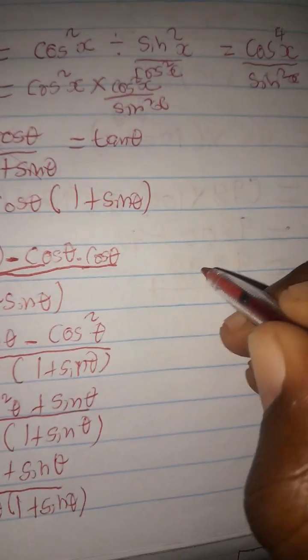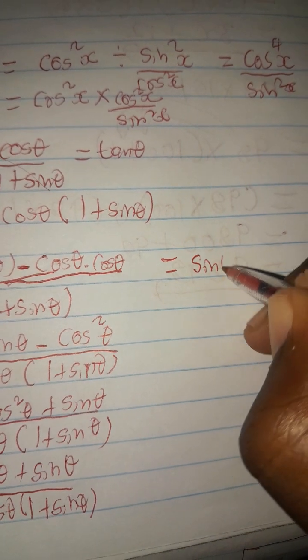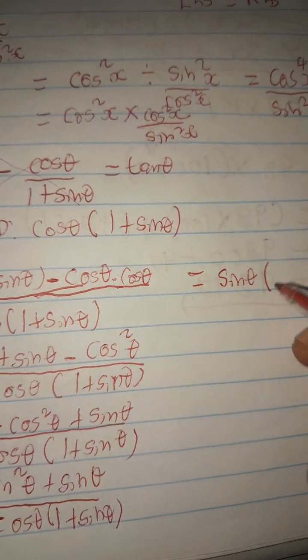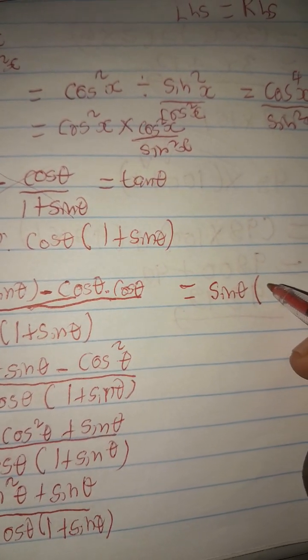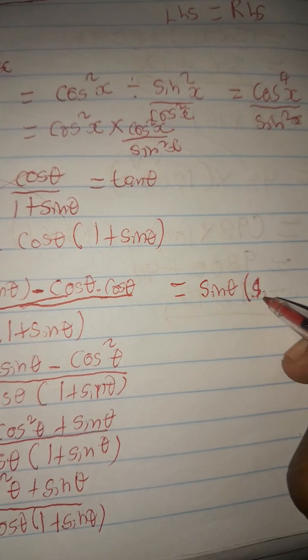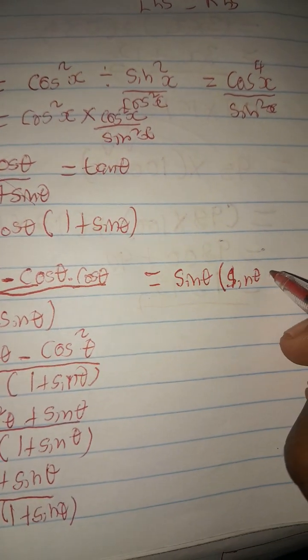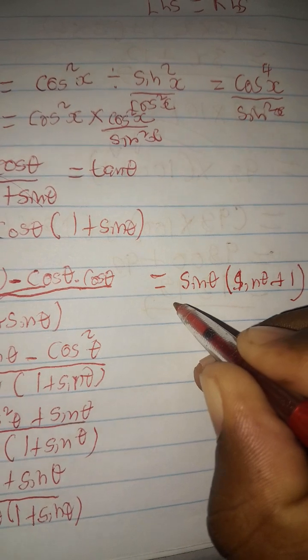From here we can take out the highest common factor. The highest common factor is sine theta. We are left with sine theta plus 1, because to get sine theta we need sine theta times 1.